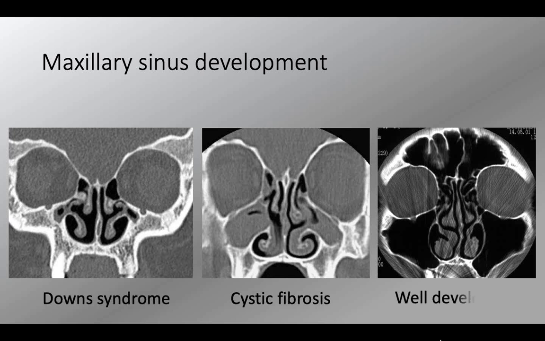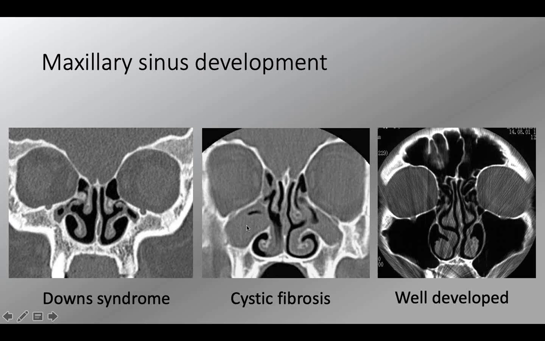The maxillary sinus development starts as an outpouching of the nasal cavity. The first image you see is Down syndrome. They have hypoplasia, very grave, of the maxillary sinuses, which explains the facial expression. Then you have a patient with cystic fibrosis. They have small sinuses. If you see that the bottom of the maxillary sinuses is above the hard palate, then I always report the sinuses as hypoplastic.